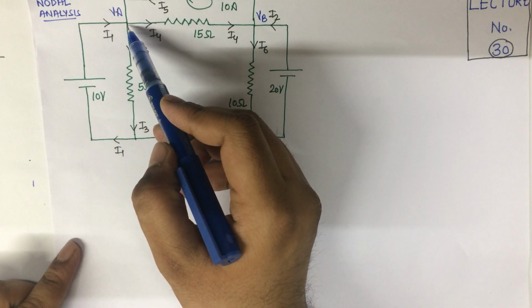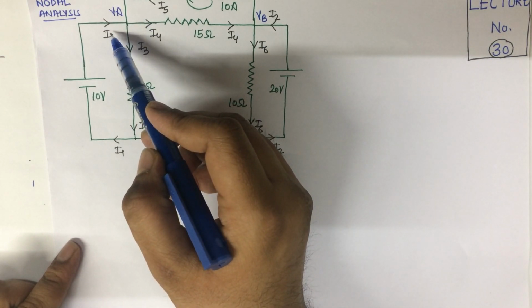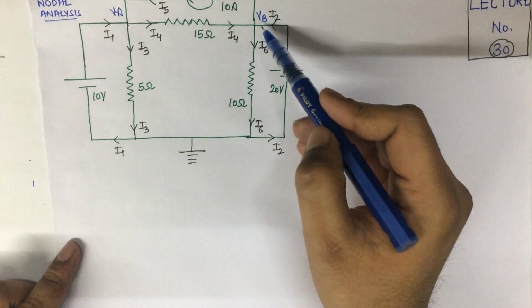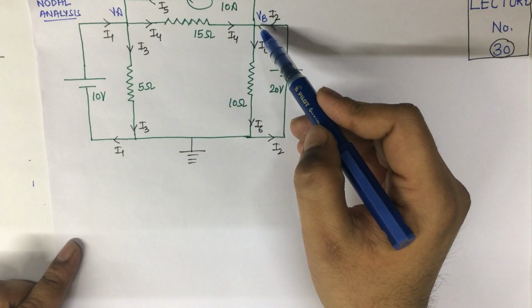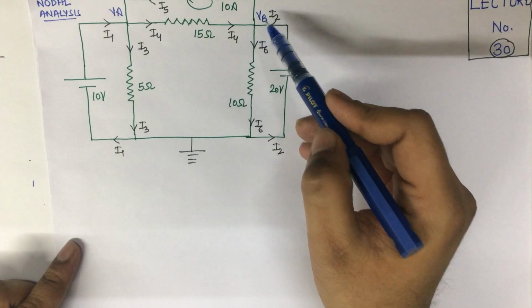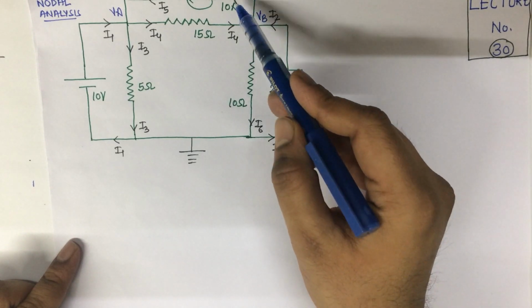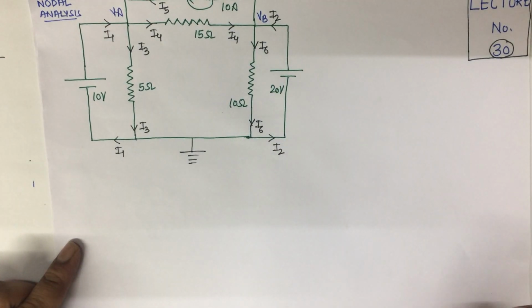At node A, we take currents I1, I3, I4, I5, and at node B, we denote the currents I2, I6, I4, I5, arbitrarily either incoming or outgoing.